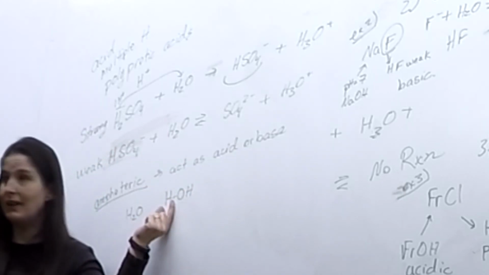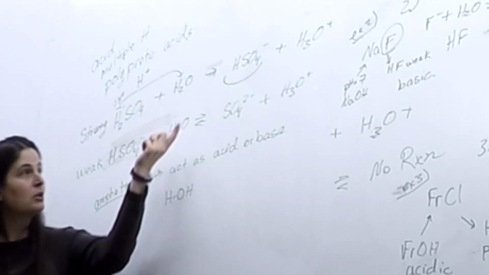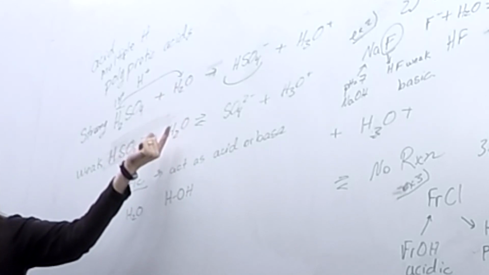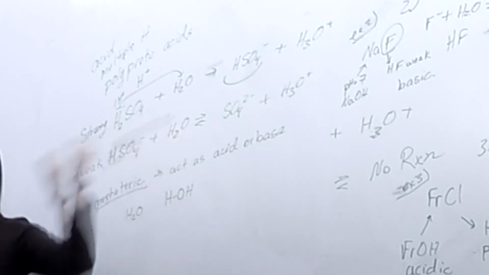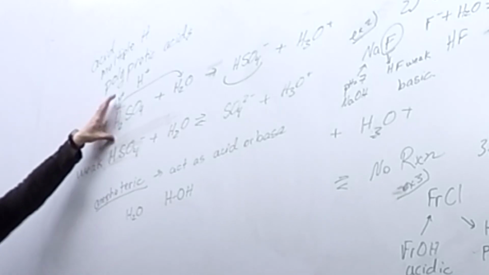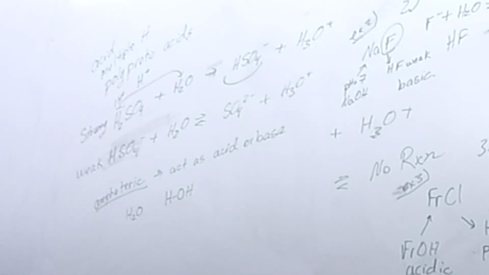So it has a hydrogen to donate, but it can also, just like in this equation here by Bronsted-Lowry definition, accept a hydrogen. So water can act as both an acid and a base. It depends on what it is with. So far in all our examples here, it has been with a strong acid, but it will also act as an acid in the face of a strong base. All right? So it's amphoteric.